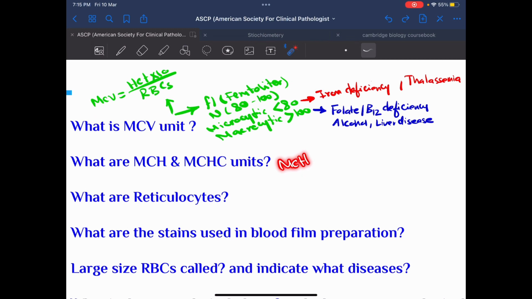MCH normal is between 27 to 31 picogram. Abbreviation is PG.